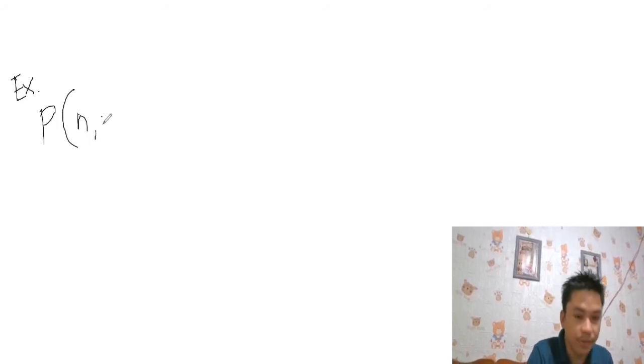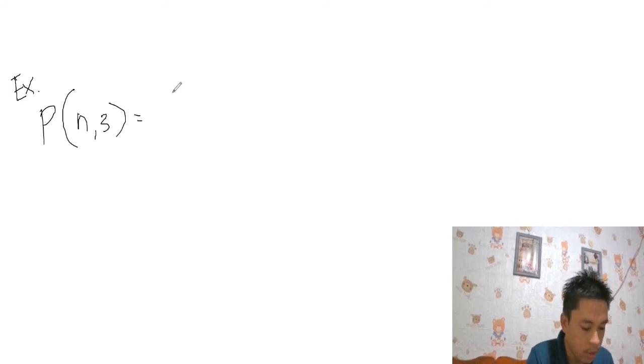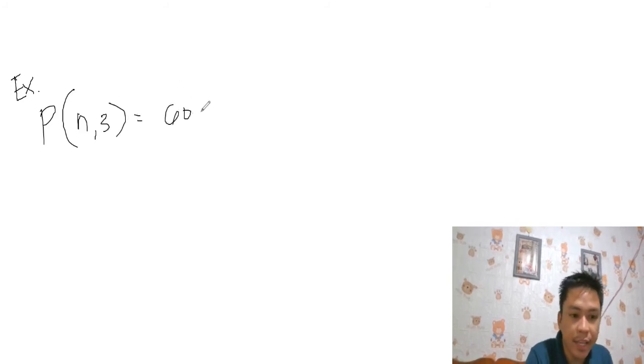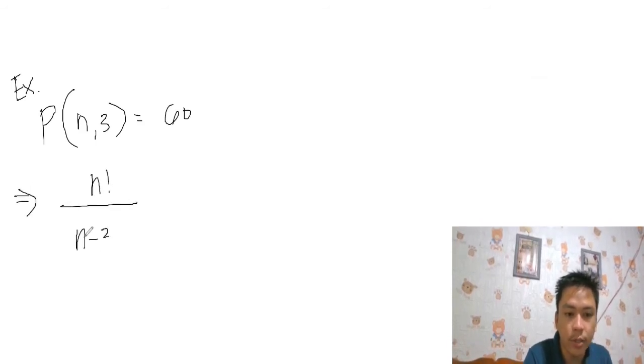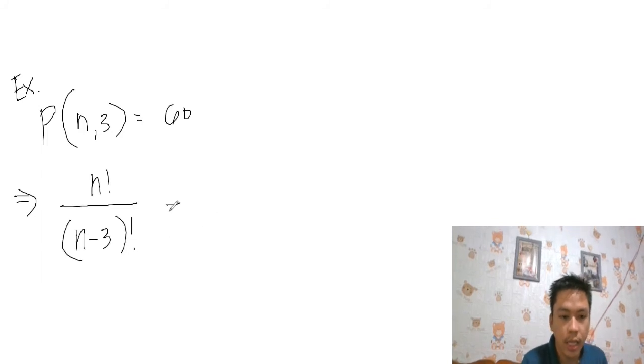So I have P(n, 3) equal to 60. Observe that P(n, 3) I can write as n factorial over n minus 3 factorial, equal to 60.